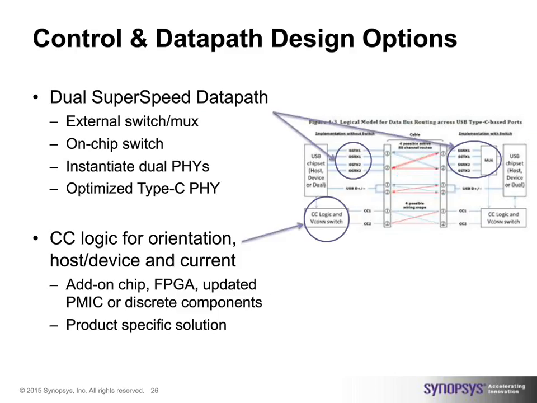The CC logic, you can do an add-on chip. You can do FPGA. You can update your power management IC. Some, as we saw with the USB 2.0 device, discrete components, a couple of resistors, maybe a voltage comparator if you're doing a host. This will be product specific.